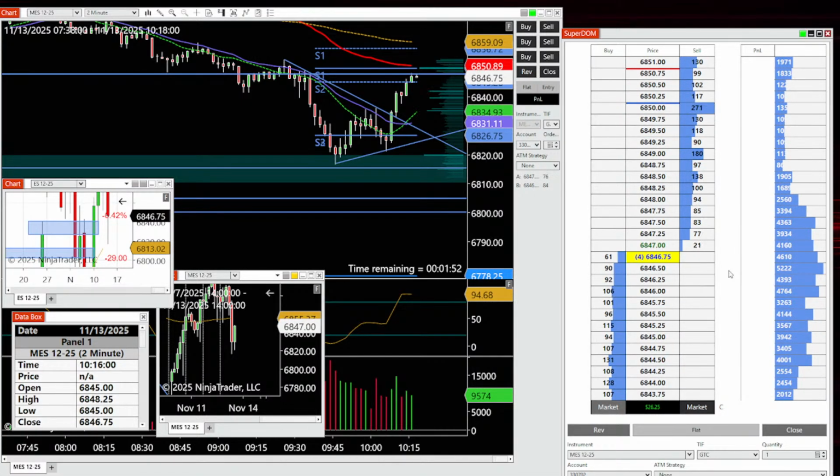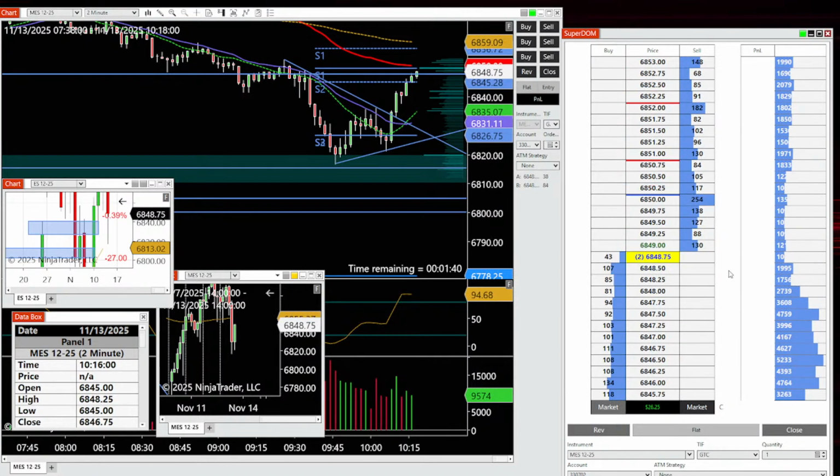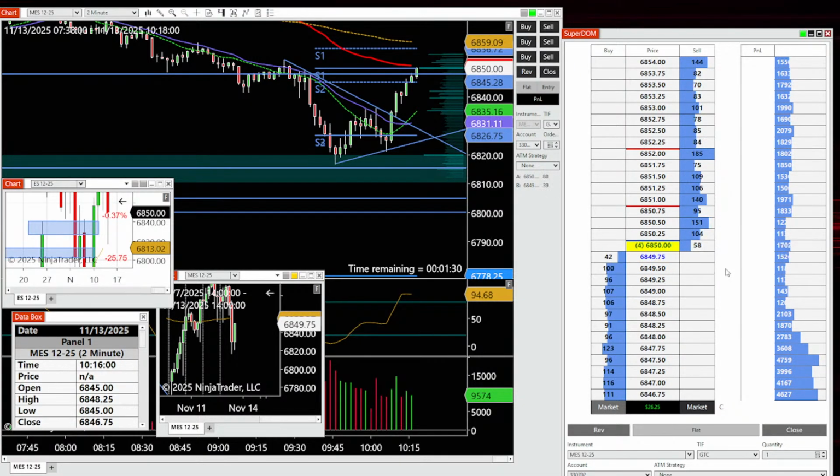VWAP is at 50 and a quarter. 50, no, 3/4, 50.75. We're just running back past all the support levels. But that's not becoming resistance levels.